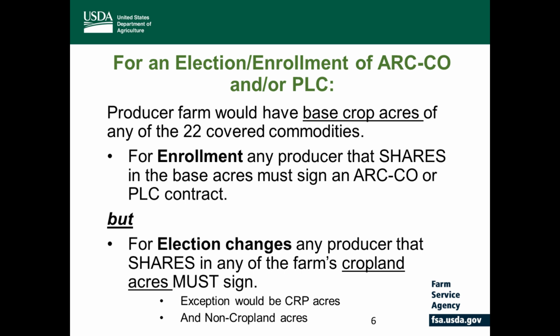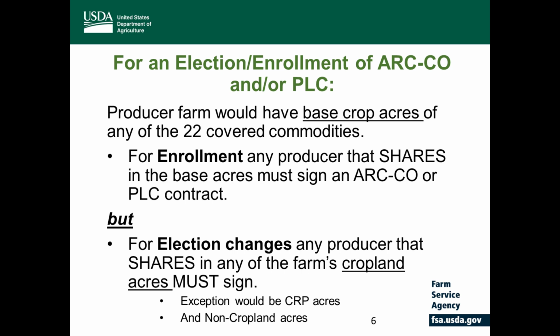But if you're making an election change to ARC County and PLC, then any producer that shares in any of the farm's cropland acres must sign the ARC County or PLC contract.